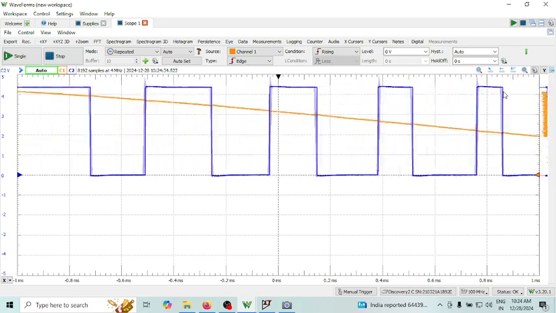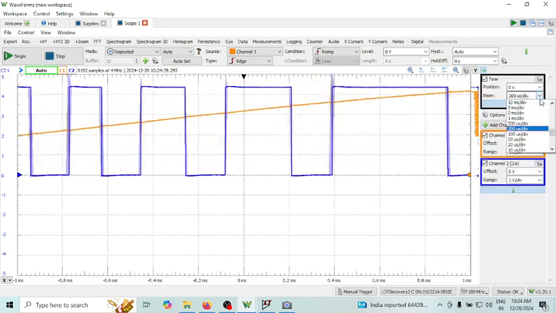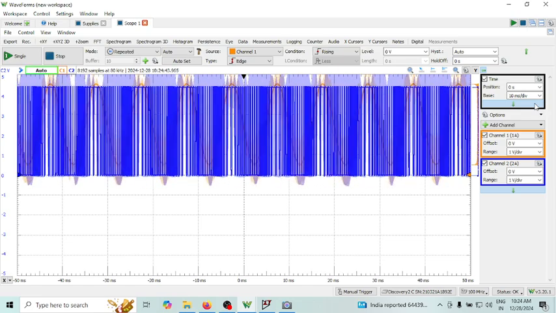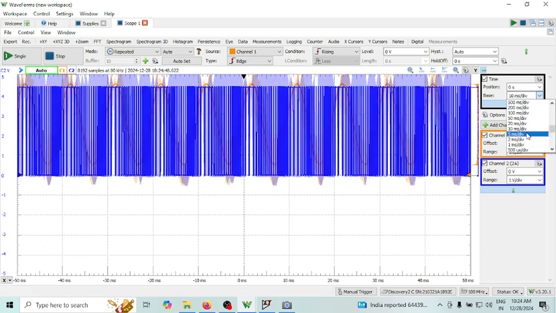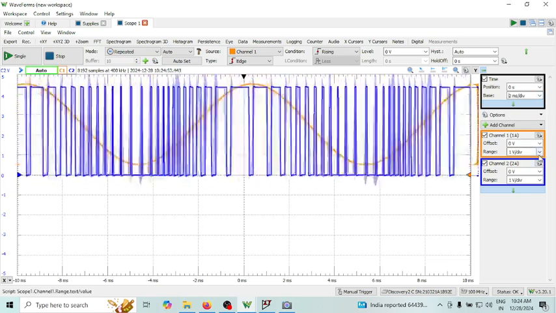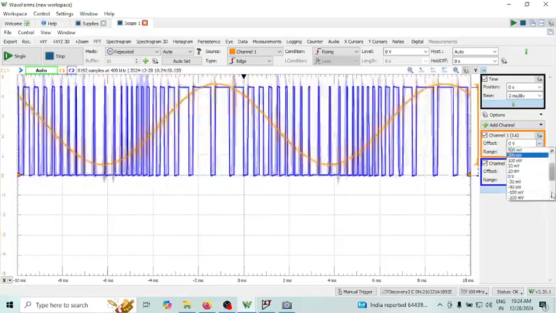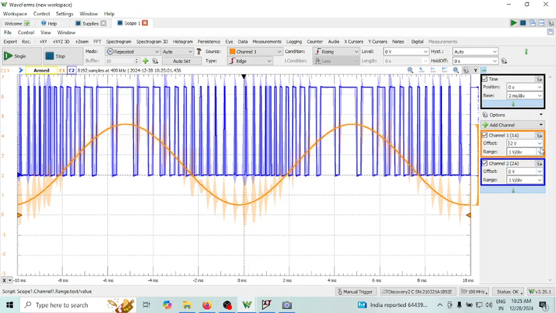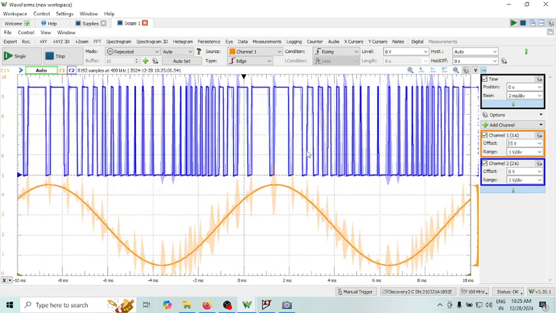Let me change this time period, and let me offset a bit, maybe minus 5 volts is better. This is interesting to see.